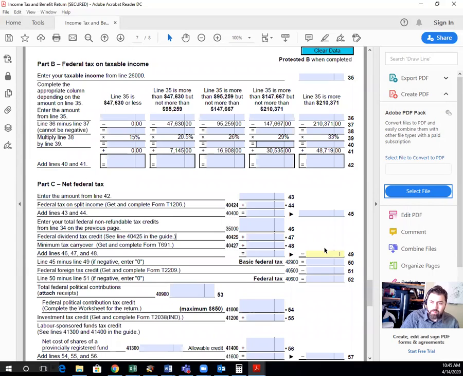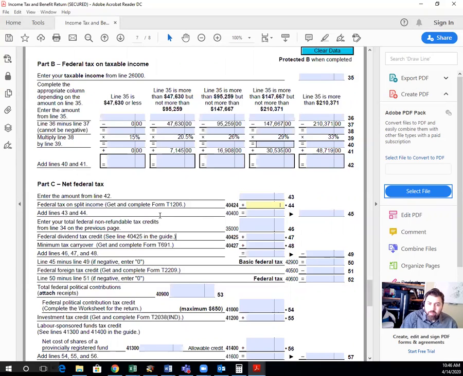We would take our taxes, subtract our further dividend tax credit, which we learned how to calculate in this course, and then our basic federal tax would be what we entered on line 50. Okay, so that would be our federal tax from line 42.